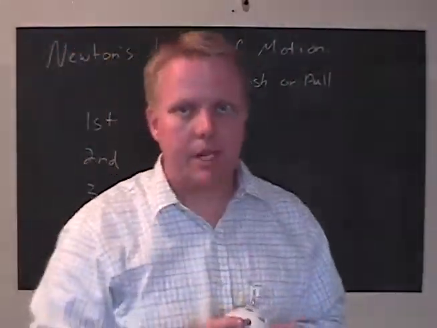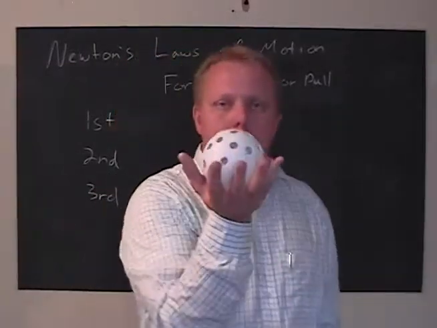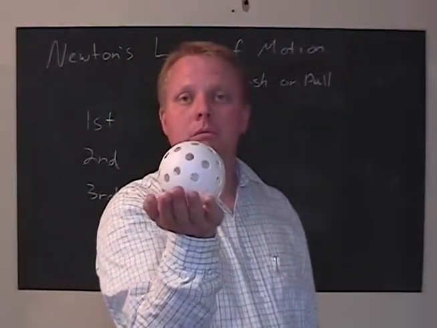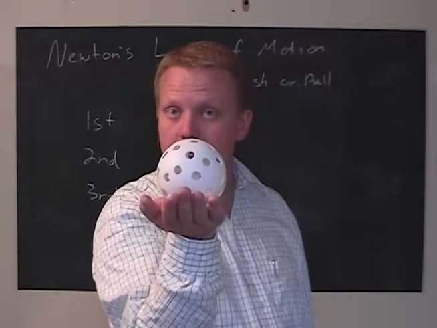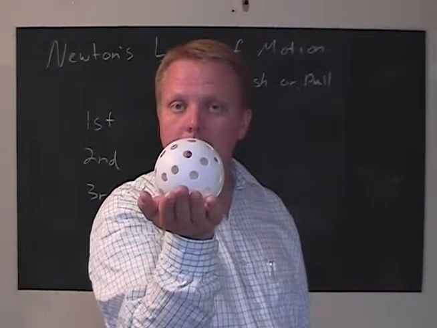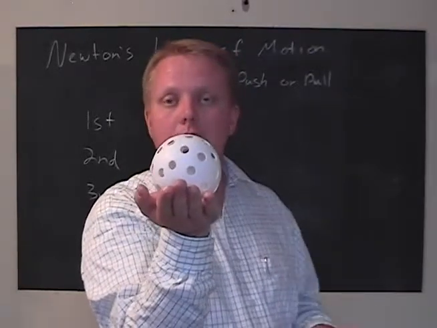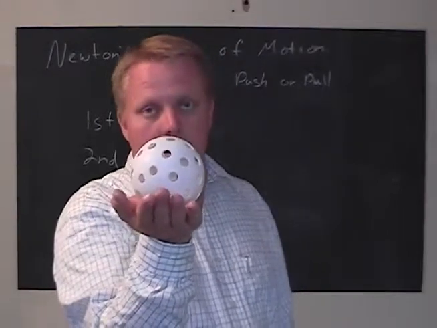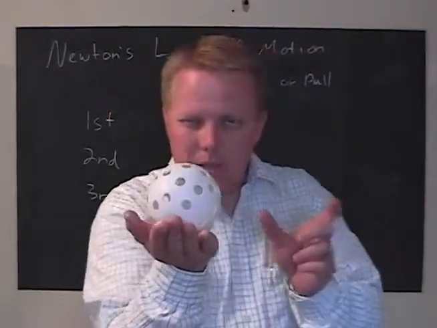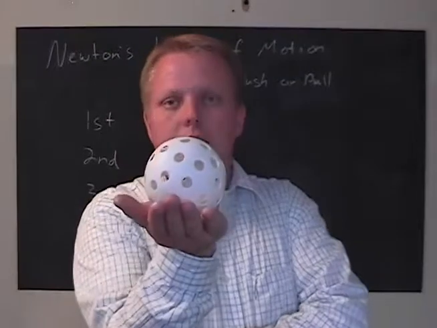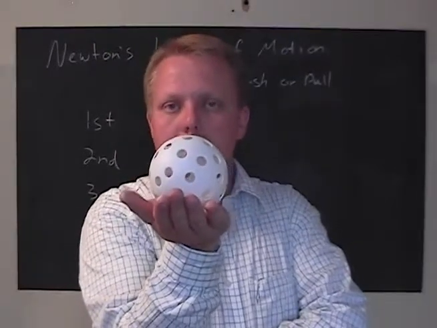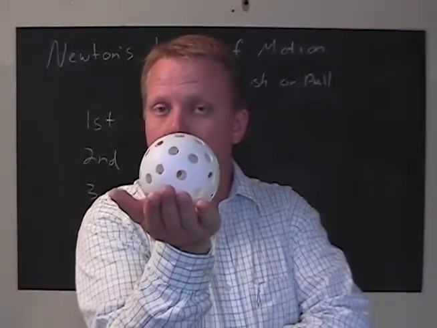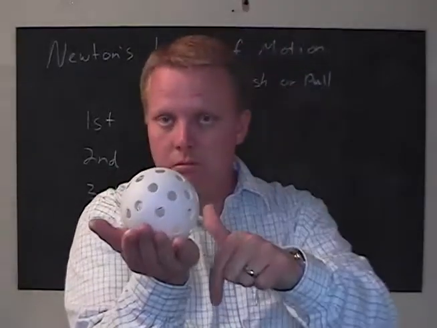His first law states that an object at rest tends to stay at rest unless it's acted upon by an unbalanced force. Now, I said unbalanced for a reason there. Right now, there's technically two forces acting on this ball. We have gravity pulling it downward.